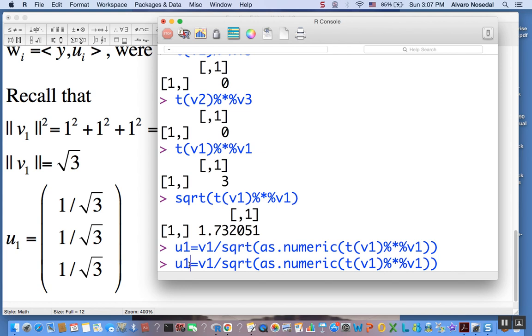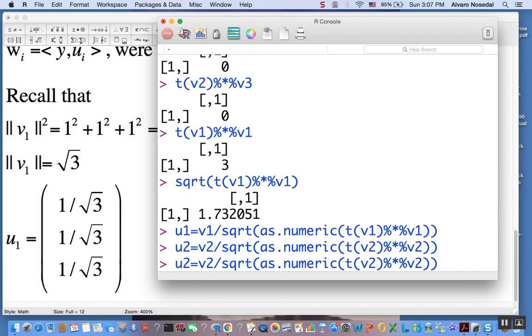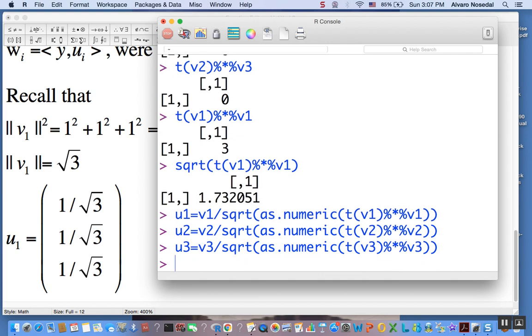We could do the same with the second one, just v2 divided by its norm, and u3, same thing, v3 divided by its norm. And then we can check if I did this correctly. We can check that the norm is 1. If the norm is 1, the square norm is going to be 1 as well.